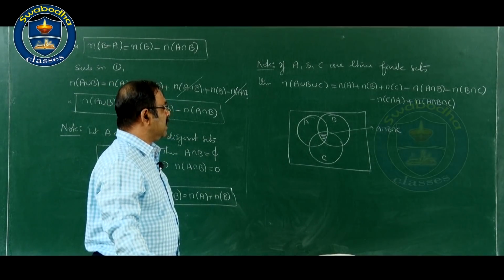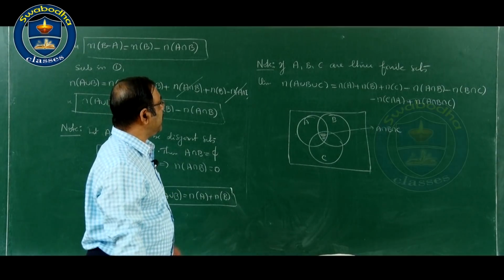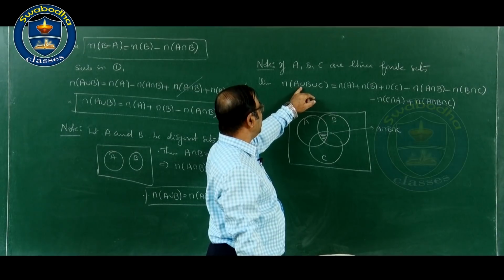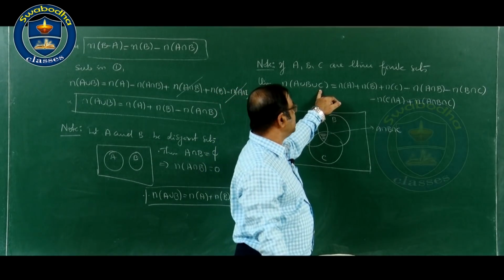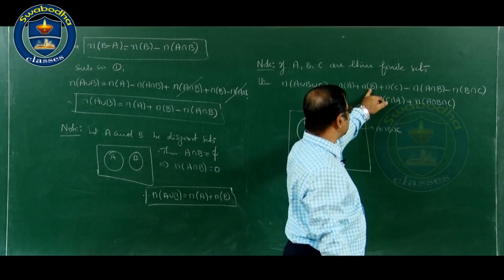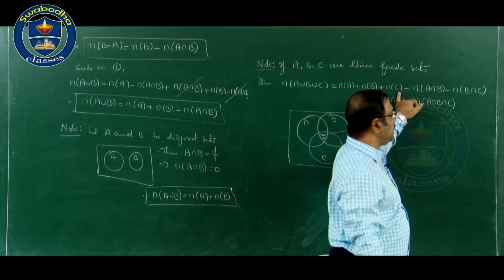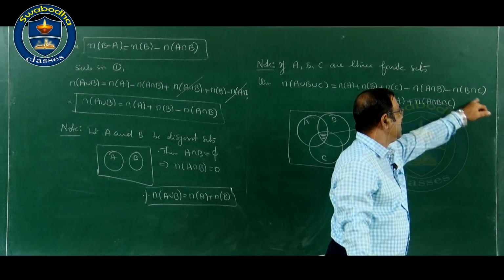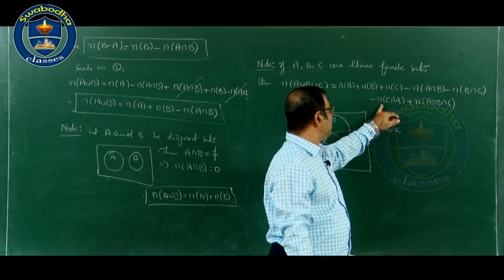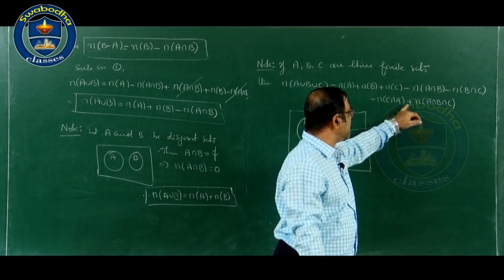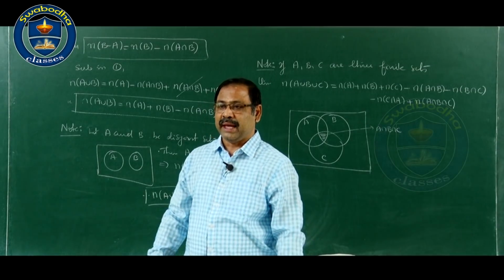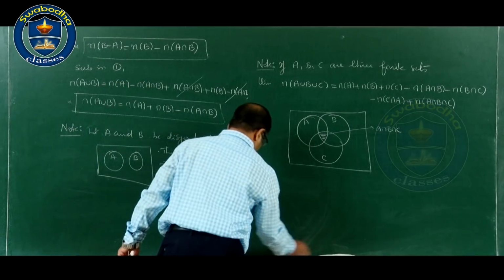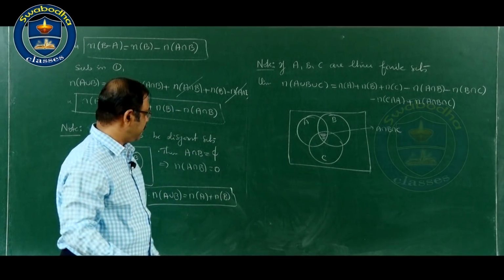Okay. Now, if A, B, C are any three finite sets, then we can write n of A union B union C is equal to n of A plus n of B plus n of C minus n of A intersection B minus n of B intersection C minus n of C intersection A plus n of A intersection B intersection C. So, please remember these formulae.